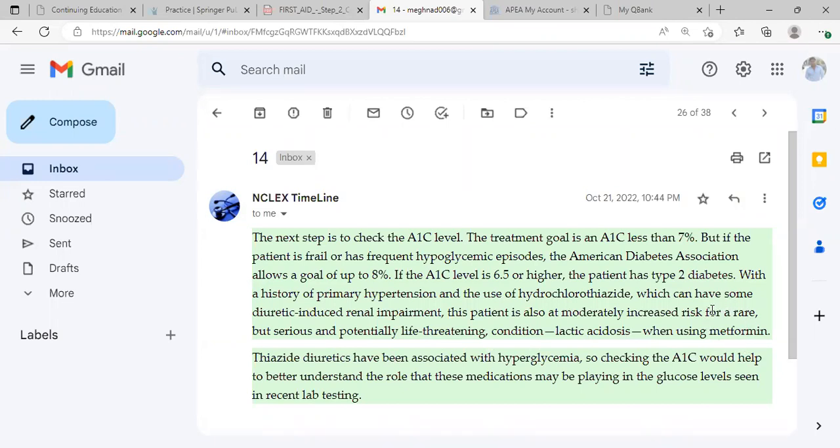Metformin for what? Because of type 2 diabetes. Diuretics have been associated with hyperglycemia, so checking hemoglobin A1C would help for better understanding the role that this medication can play in the glucose level seen in the recent lab test.